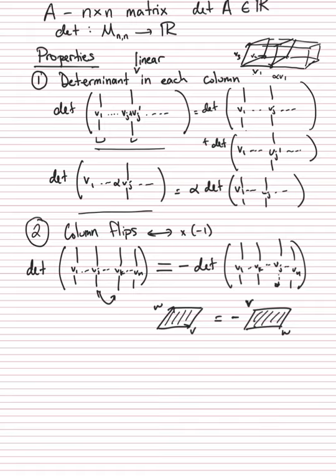The same thing happens. So let me just note here, we've also used a lot of geometric intuition for R2, but the determinant works for any matrix over any field.